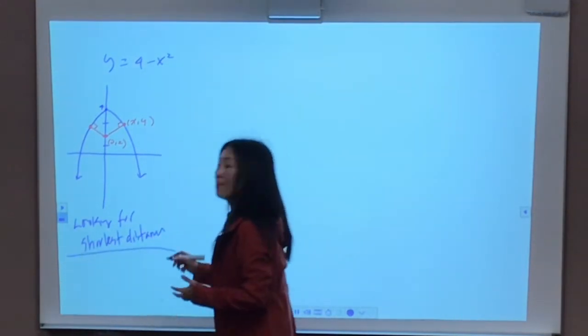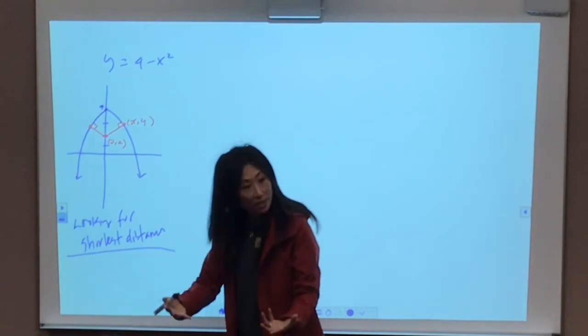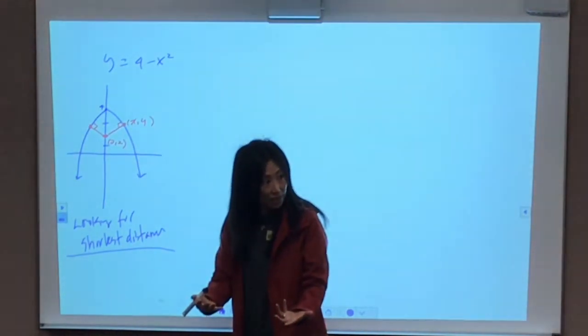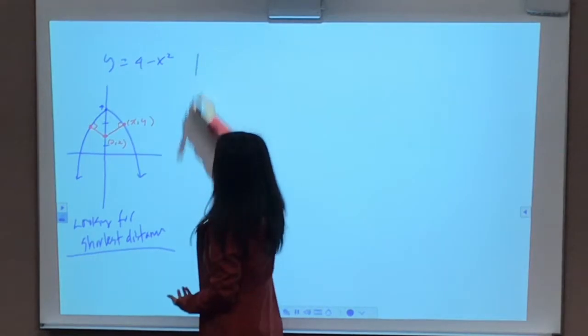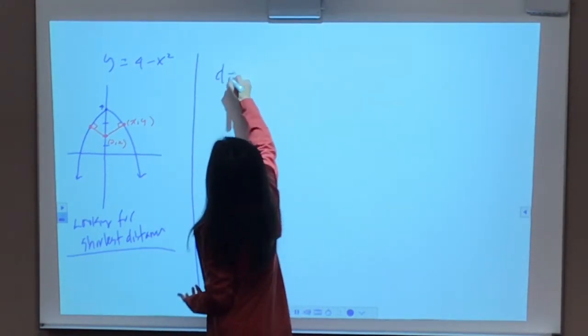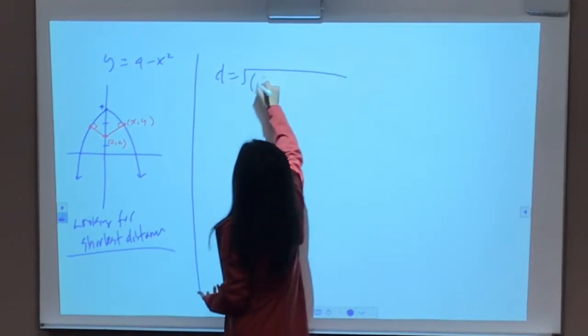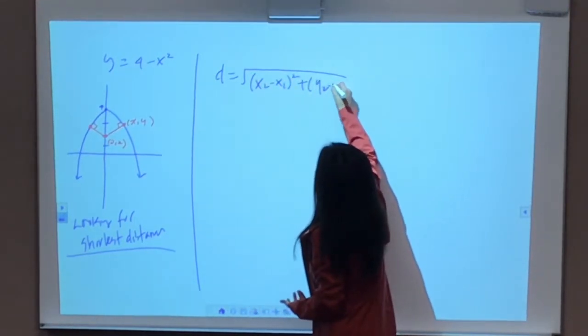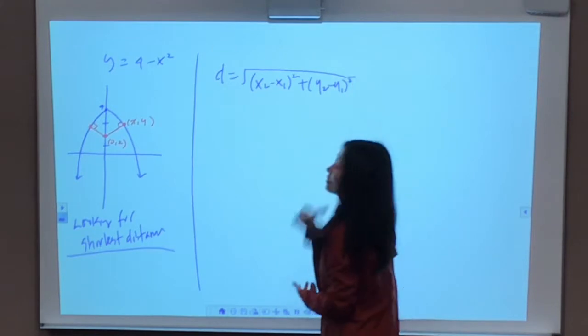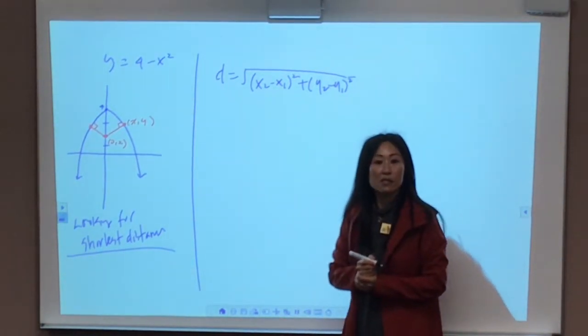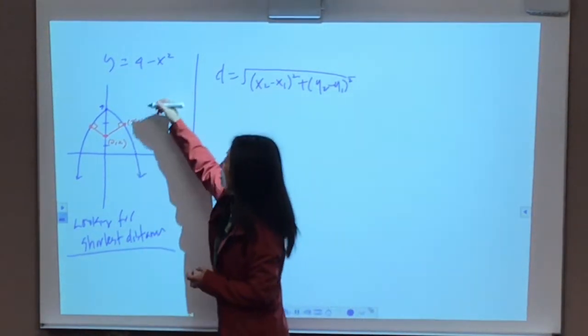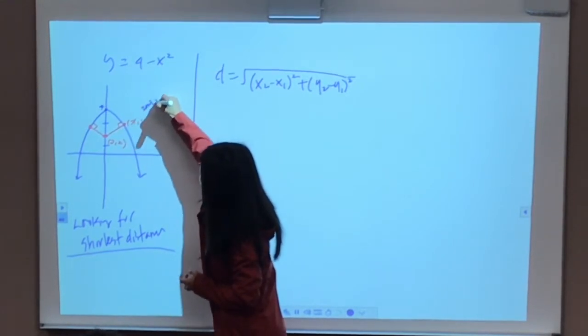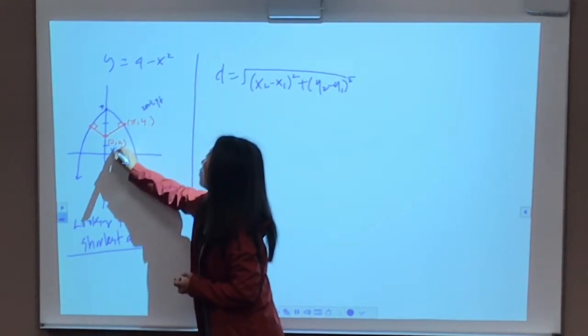So what's my primary equation then? Distance is my primary equation. Is everybody with me? Okay. So I'm going to say, okay, what's my distance function? Distance function is x2 minus x1 squared plus what? y2 minus y1 squared. All right, I'm going to call this my second point, and this is my first point.